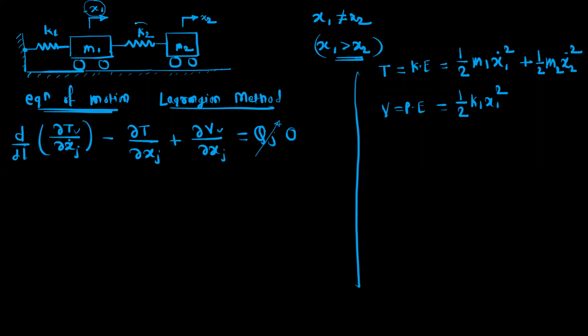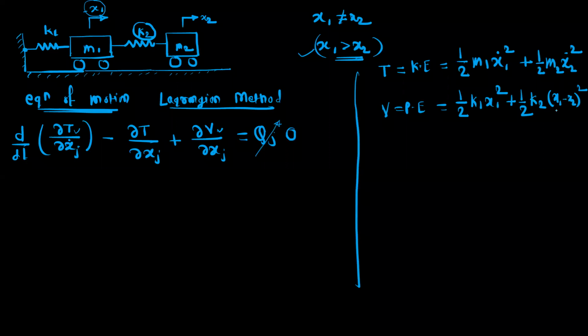But the second spring K2 is the coupling between M1 and M2. So its net deformation will be the subtraction of x1 and x2. We have assumed x1 greater than x2, so we can write 1 by 2 K2 times x1 minus x2 square.